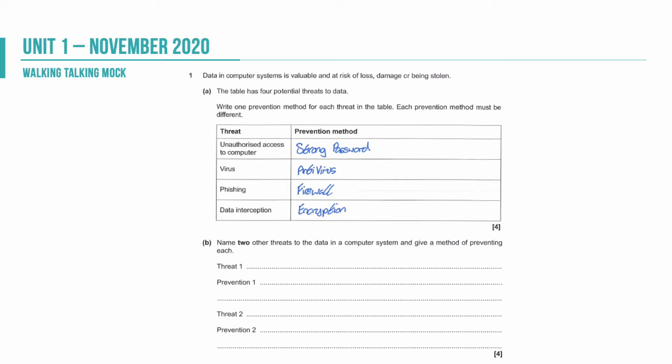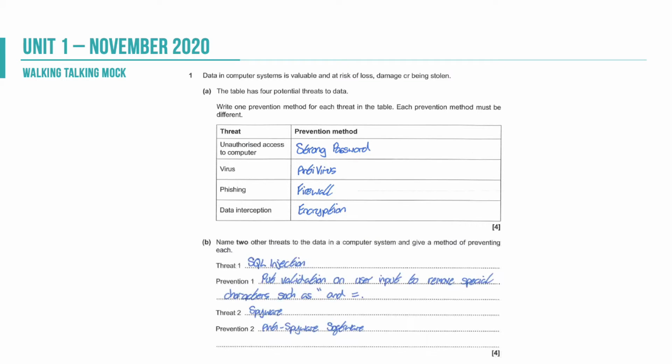We've then got to name 2 other threats and outline the preventative method we can use to prevent that threat. So we've got lots of others we can pick from here. We've got things like spyware, DDoS attacks, ransomware, SQL injection, social engineering, poor network policy, hardware failure or loss of data. I'm going to pick again the ones we think we can explain in the best possible way.